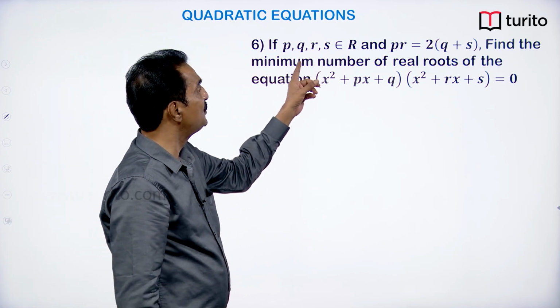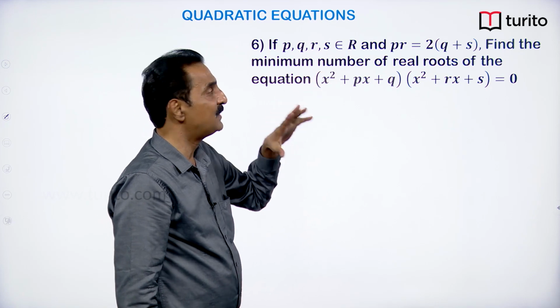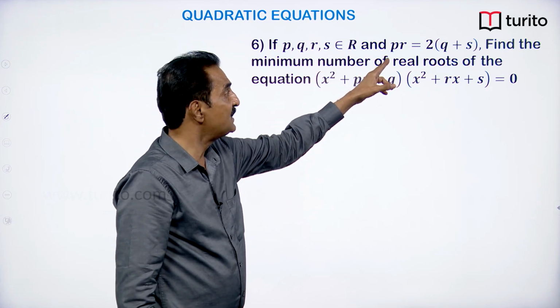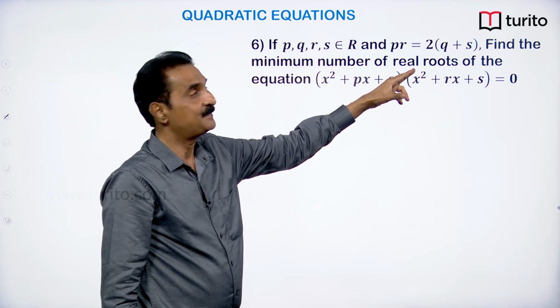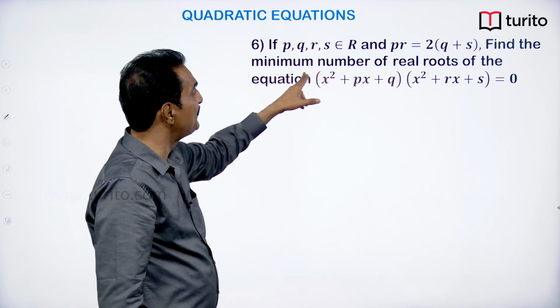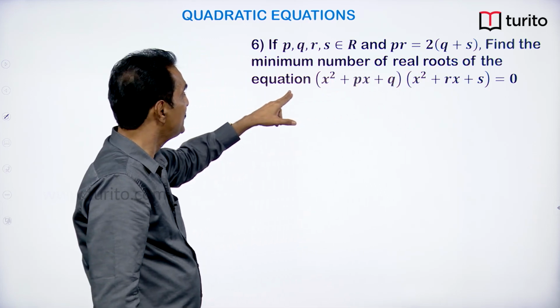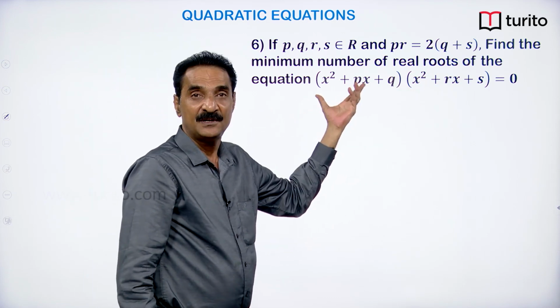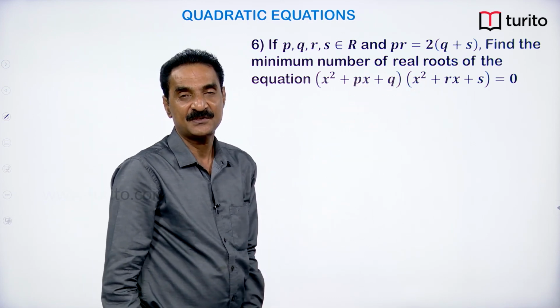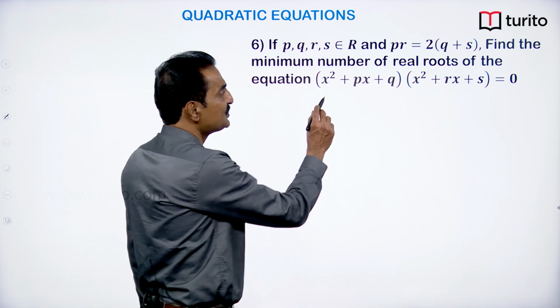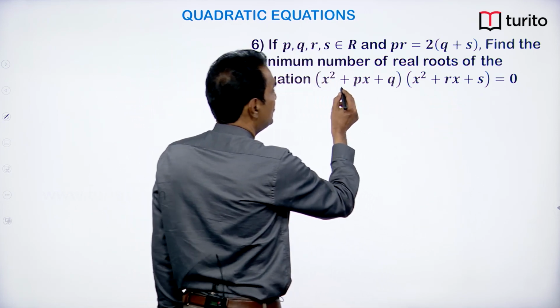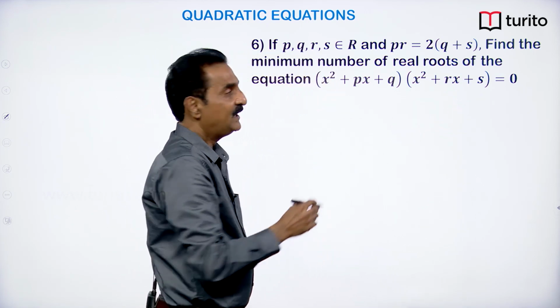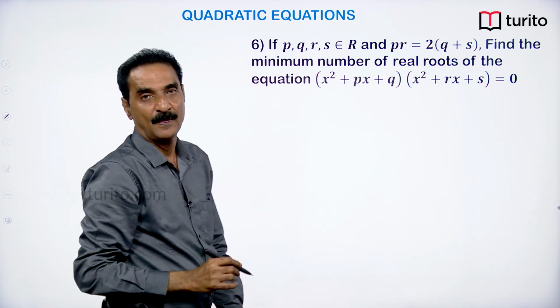If P, Q, R, S are real numbers and PR is equal to 2 into Q plus S, find the minimum number of real roots of the equation. It is given as product of two quadratic equations. So roots of this equation means if this product is 0, either this is 0 or this is 0.